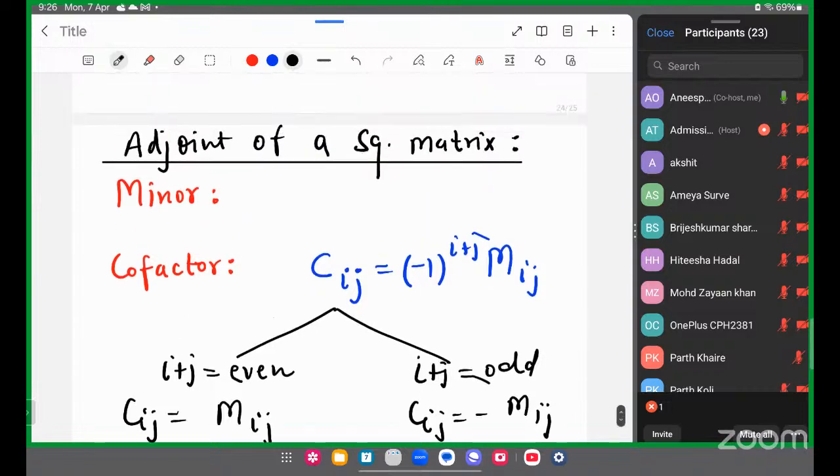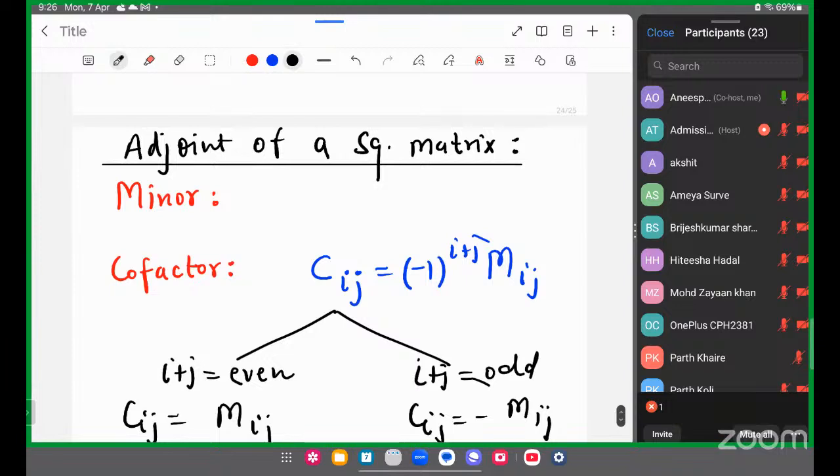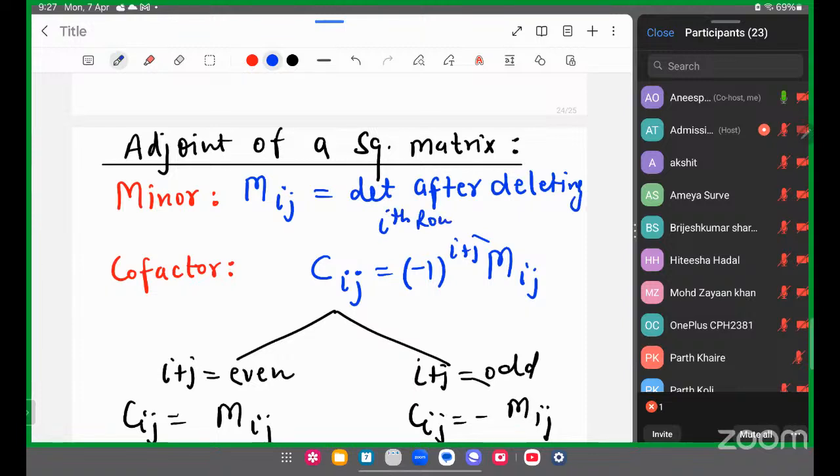Now the question is how to find out minor. To find out minor of any corresponding element, let's say you want to find out minor of the ijth element, Mij. This will be the determinant after deleting the ith row and jth column.